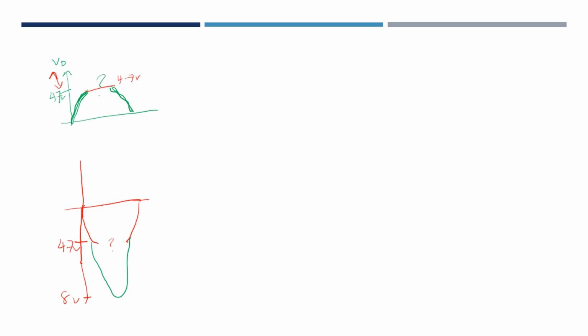Now we're going to combine our circuit for the positive cycle and negative cycle. Now we have the graph for the positive and negative. Here we have V out. Let's put here 4.7 volt, the transition, and here also 4.7 volt, and here 8 volt.